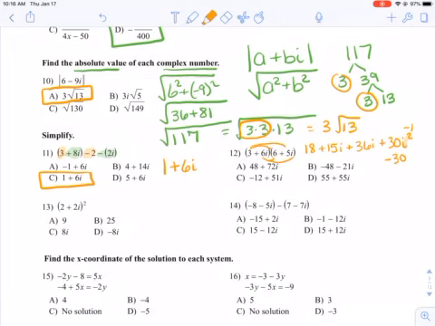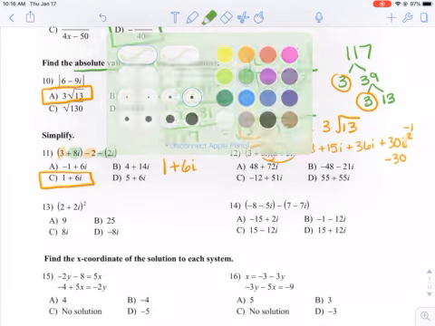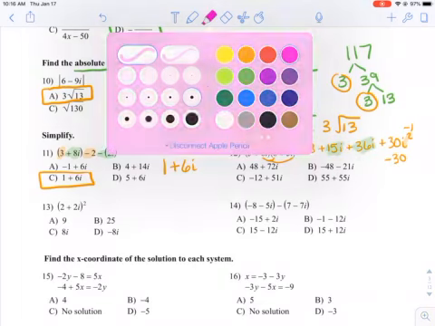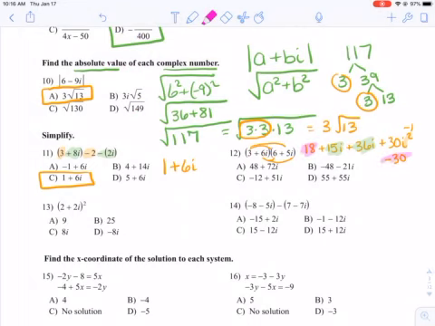So that means that these are like terms and these are like terms. So we're going to get negative 12 plus 51i.